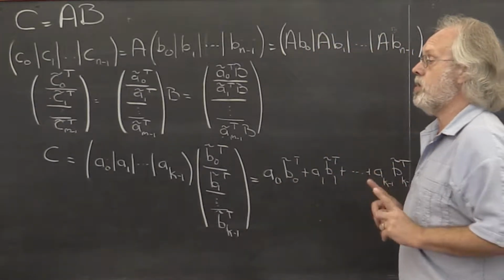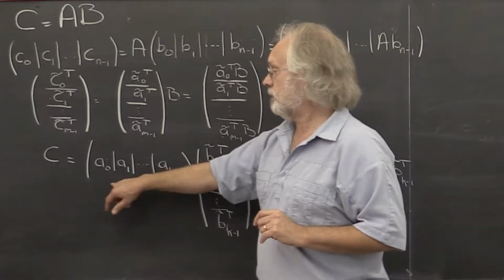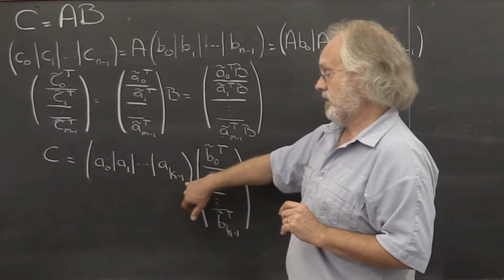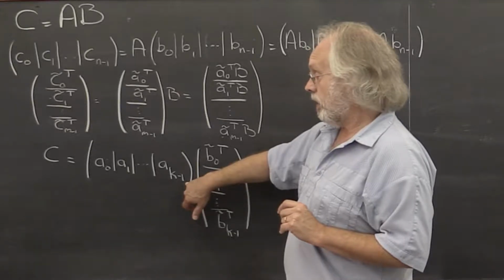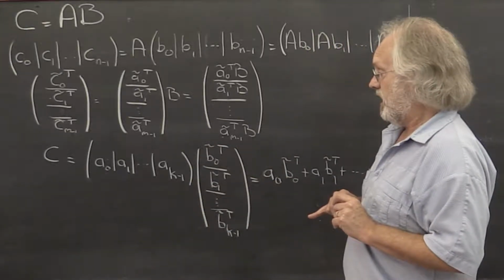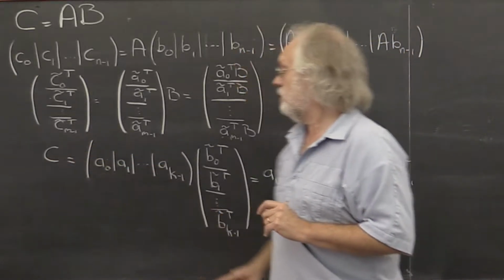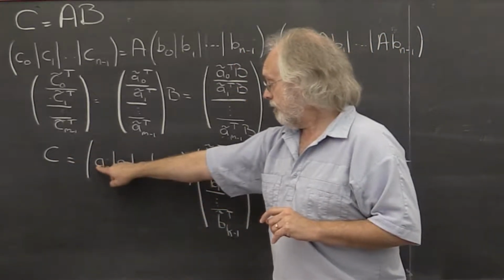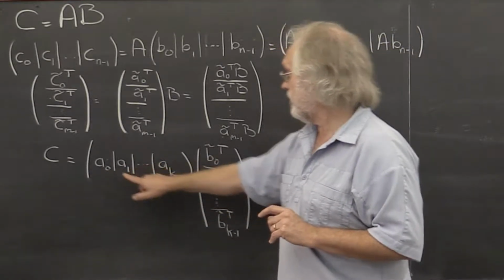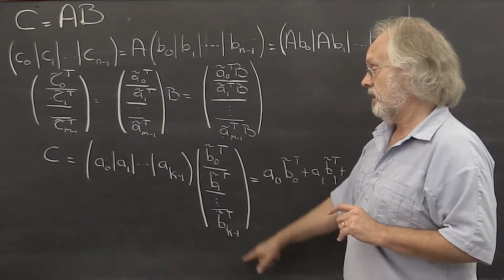Finally, a very important way of looking at matrix-matrix multiplication is to say, let's partition the matrix A by columns, let's partition matrix B by rows, and then matrix C can be computed as the first column of A times the first row of B, plus the second column of A times the second row of B, and so forth.